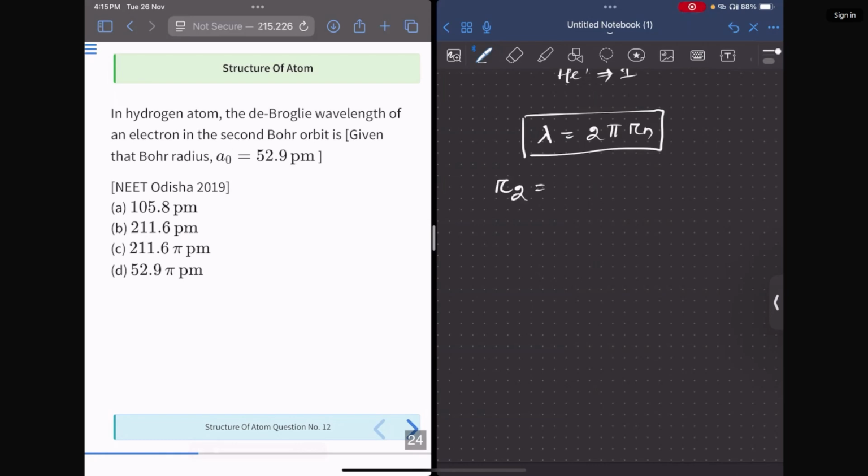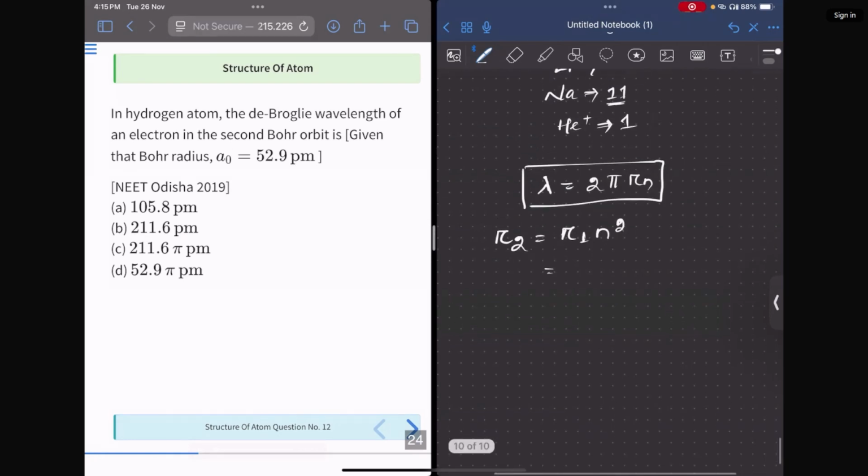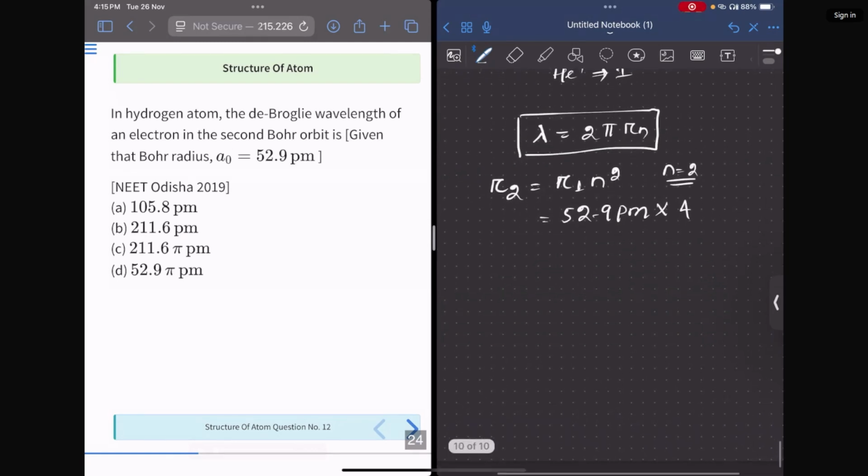Previously, I told the formula for radius. R2 is equal to R1 into n square. R1 is given as 52.9 picometer. N is 2, so n square is 4. So R2 will be 211.6 picometer.